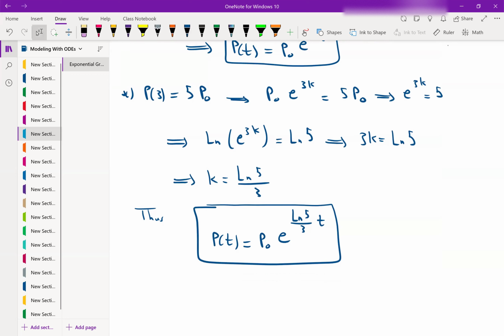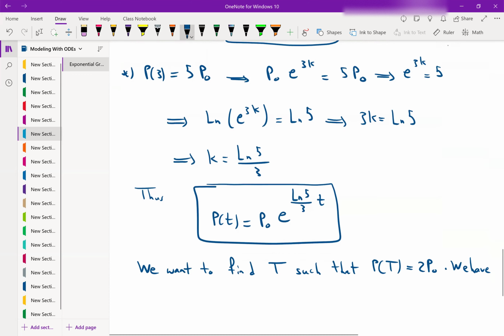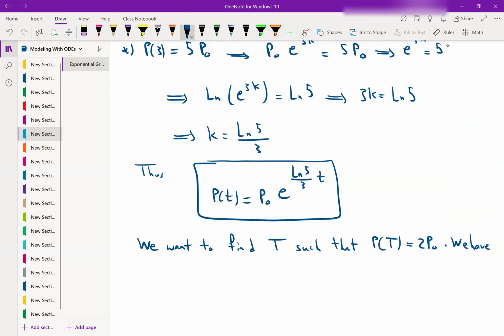And what was the goal? Remember, we want to find the doubling time, big T, such that P of big T is equal to 2 times P naught. So let's use our formula to find this big T. What is P of big T?